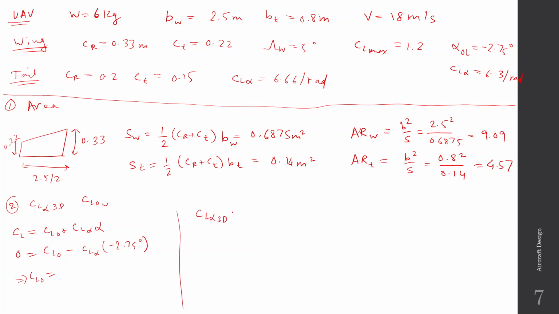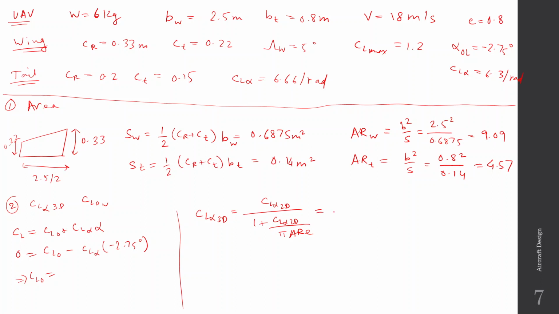CL alpha 3D for the wing will be CL alpha 2D divided by 1 plus CL alpha 2D divided by pi times aspect ratio times E, which is Oswald's efficiency factor. In this case, we'll assume that E is 0.8.